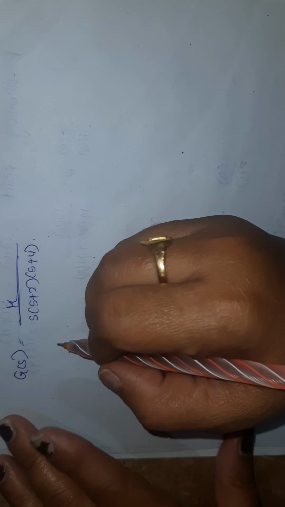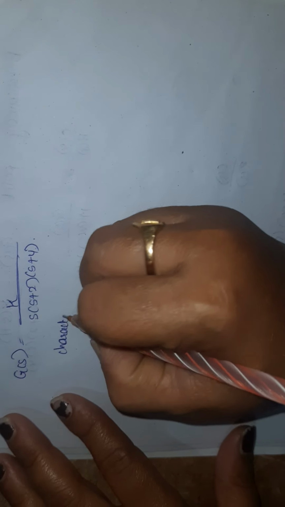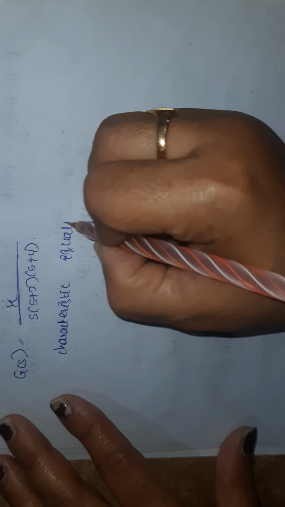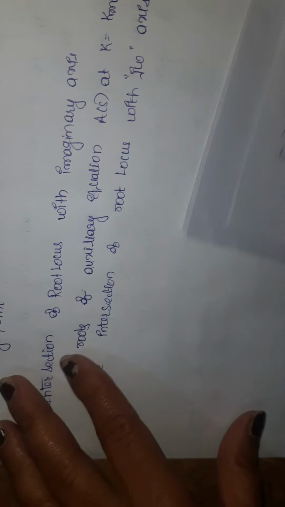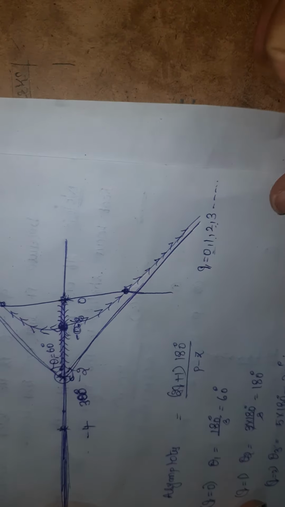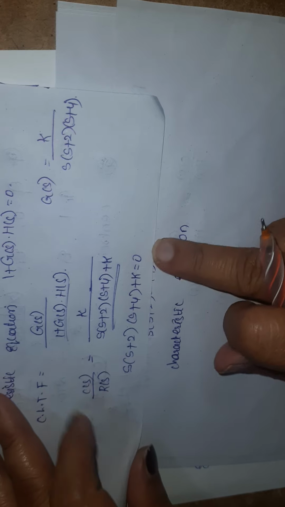We have to take the characteristic equation, which we already derived in the last session. The characteristic equation is s into s plus 2 into s plus 4 plus k equal to 0.